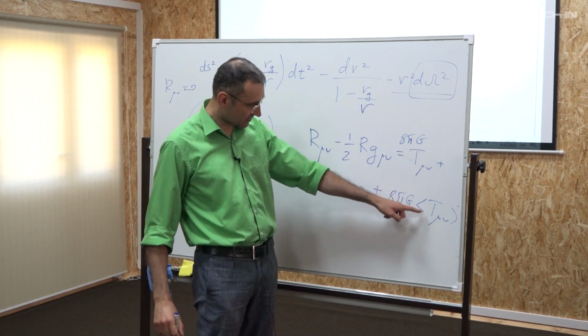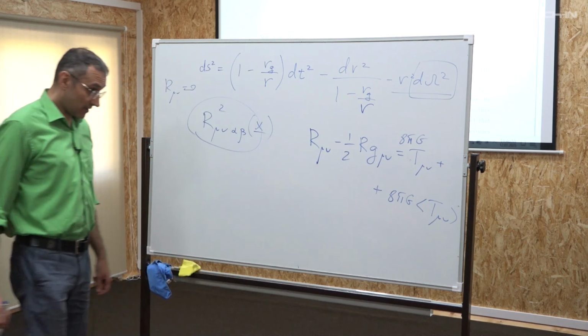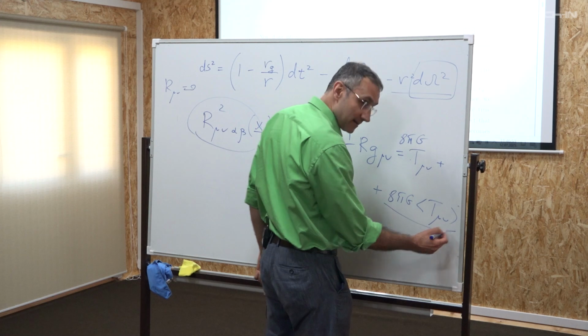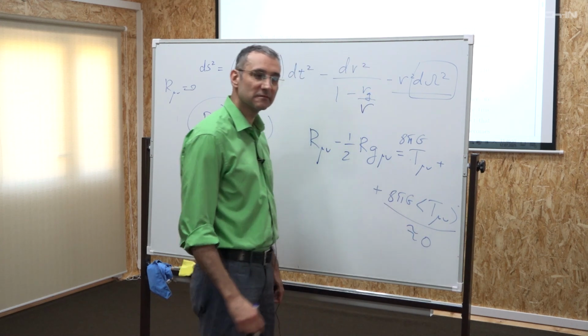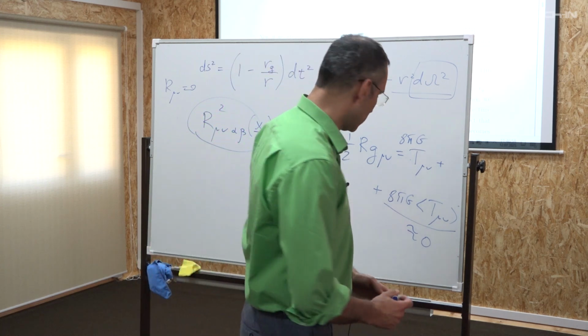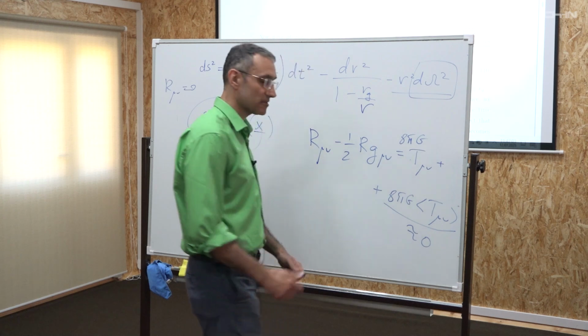Actually, you can include these terms into this. If you can neglect this term, so it's approximately 0, then everything is perfect. If you can't, you have to take into account back reaction.